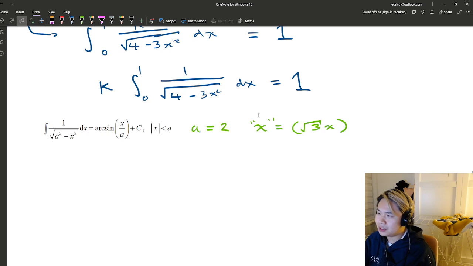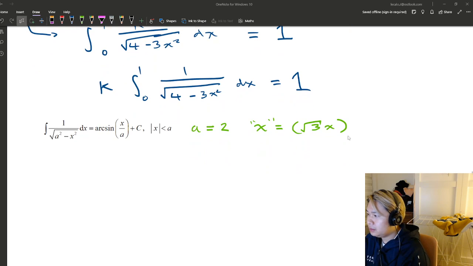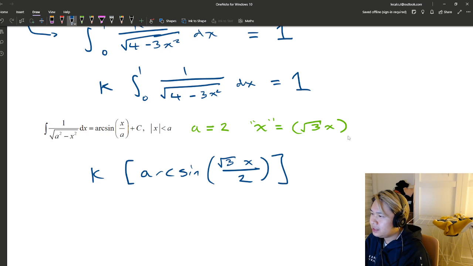I'll just put quotation marks. This x is for the formula x, and then this is the question's x. Okay, so then what do we got? We got k is equal to the arc sine of root 3x over 2, evaluated at 0 to 1.